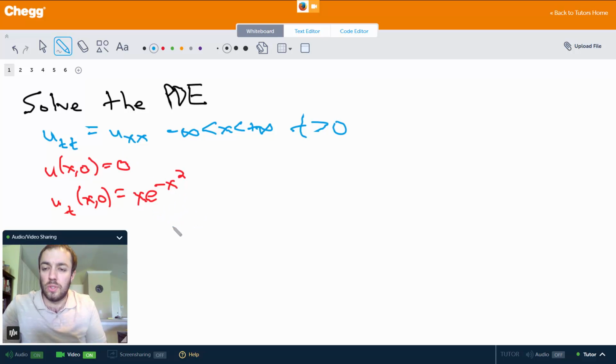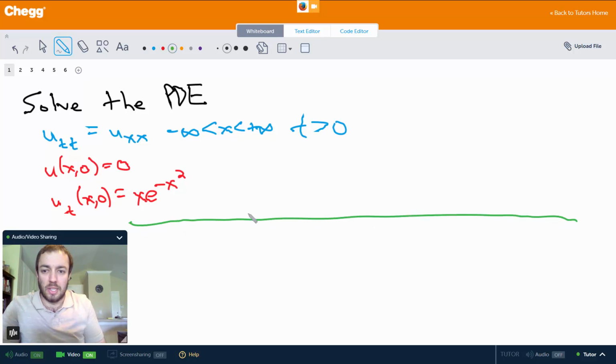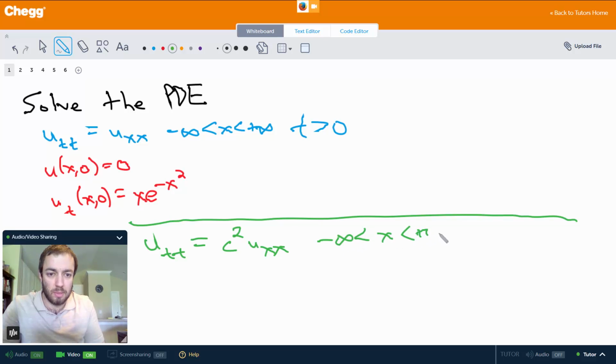To solve this, we're going to use D'Alembert's solution. Let's come off to the side here and first state D'Alembert's solution in general. To do that, we have to give the general wave equation in this context. In general, we have u sub tt equals c squared u sub xx, where minus infinity is less than x less than positive infinity and t is positive. In other words, x is any real number and t is positive, so there are no boundaries on x.